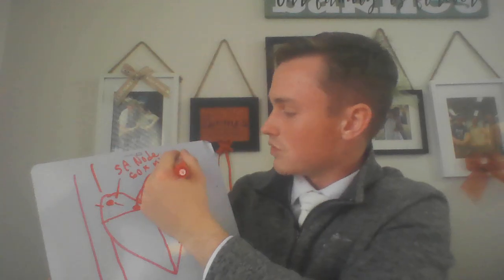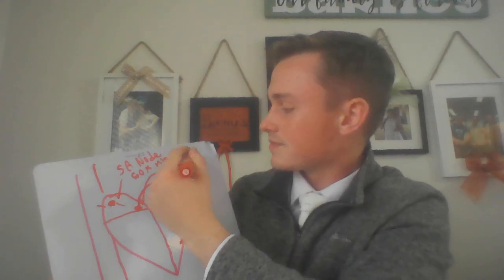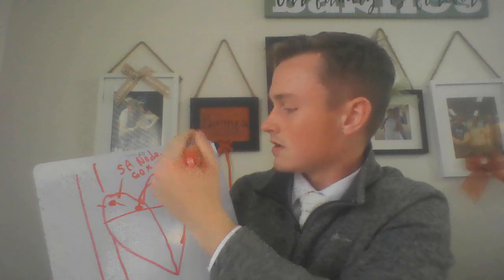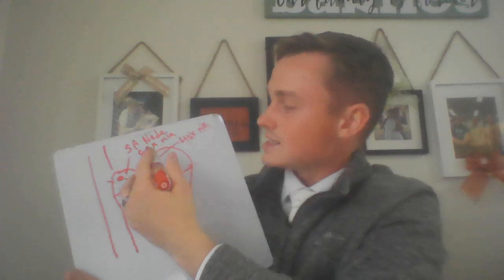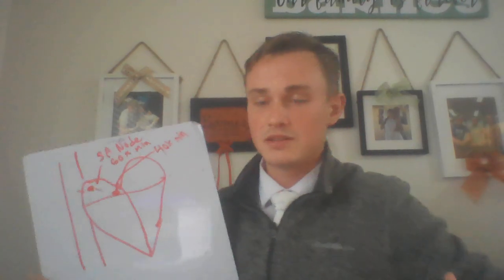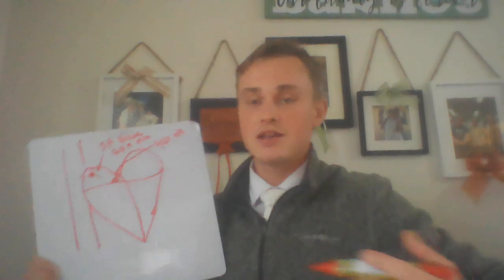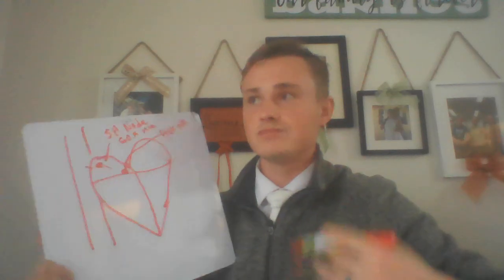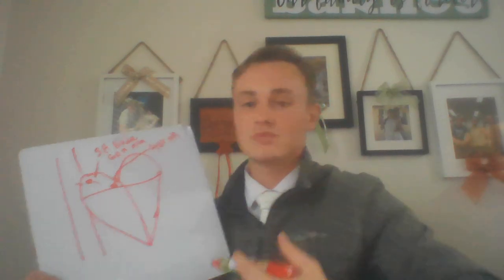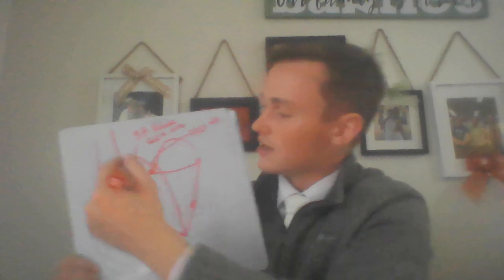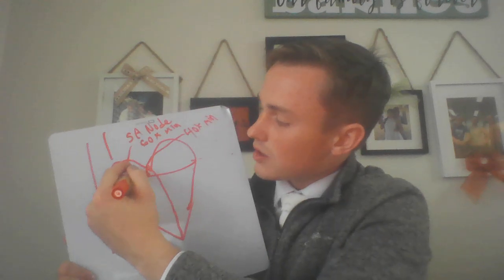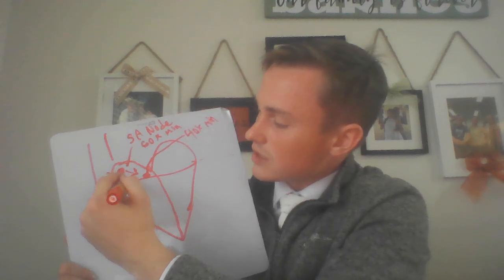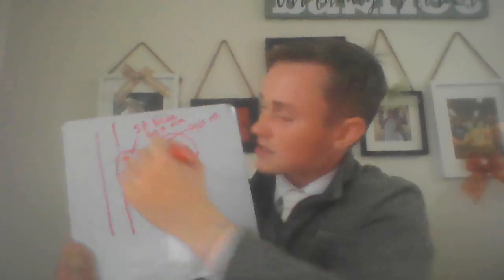It goes probably 40 times per minute. So our SA node is most commonly the one that initiates the depolarization, and then by connection, the contraction happens. But our charge will go in all directions like this at first.